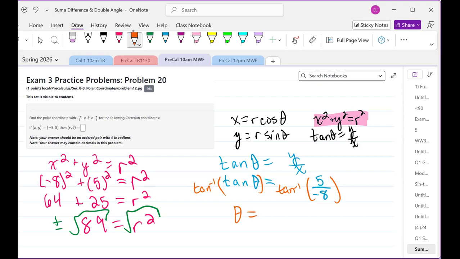And then this is something I'm going to type on the calculator. So the inverse tangent of 5 divided by -8. And initially, my calculator spits out -32.005.